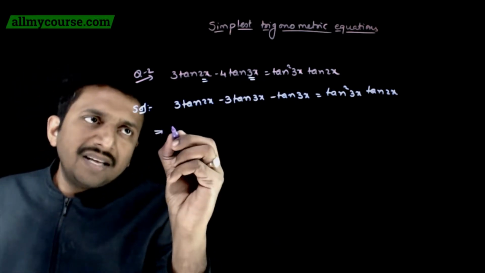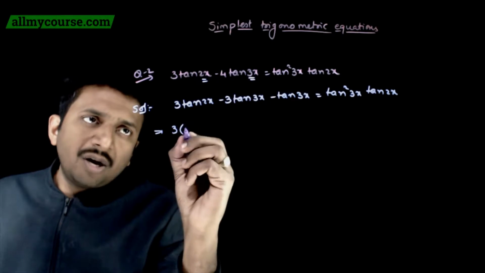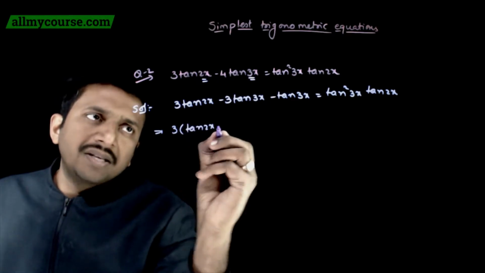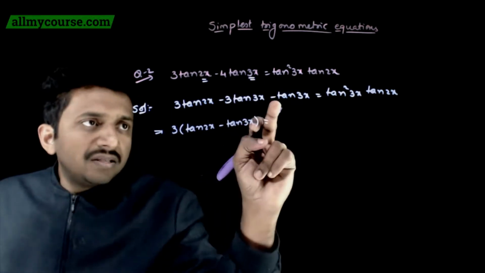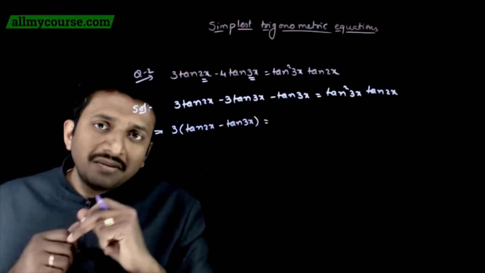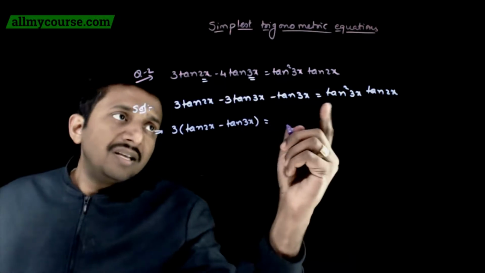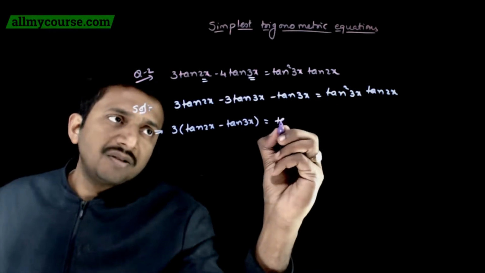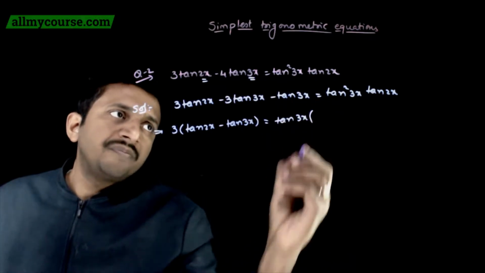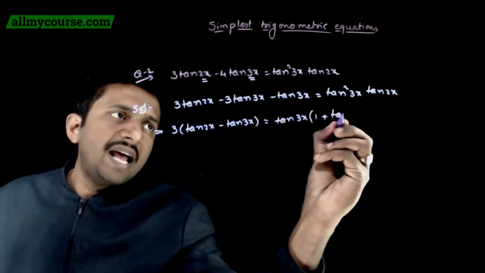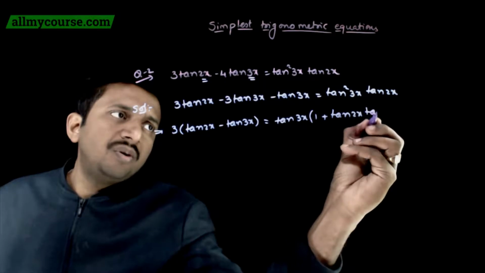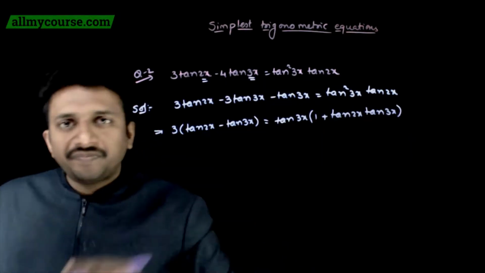So this implies, if you take 3 as common, you have tan 2x minus tan 3x is equal to, if you send minus tan 3x onto that side, you get plus tan 3x. So you have tan 3x in both the terms. If you take tan 3x as common, you have 1 remaining here plus tan 2x into tan 3x.